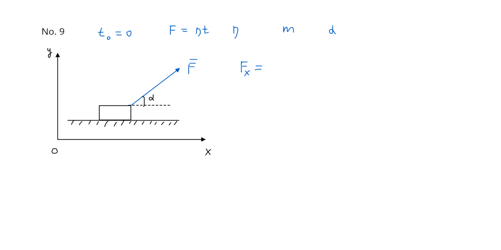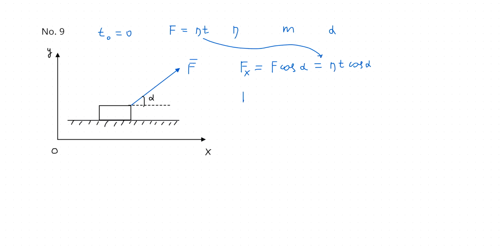It's horizontal, am I right? Yes. So F cos alpha. Okay, that's great. It will be F cos alpha, and it means that if we use here F = eta t, it will be eta t cosine alpha.